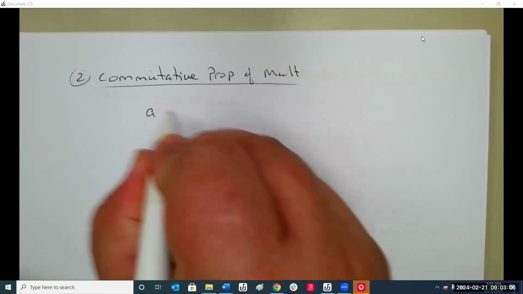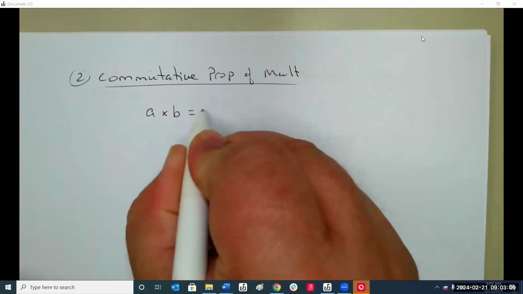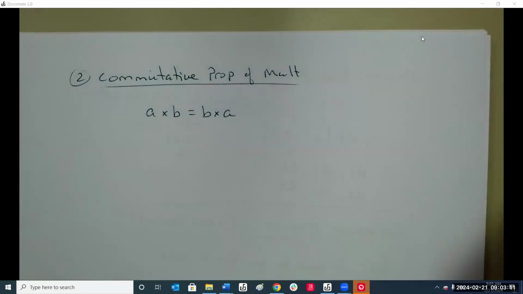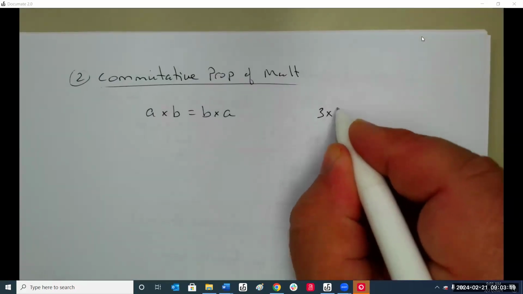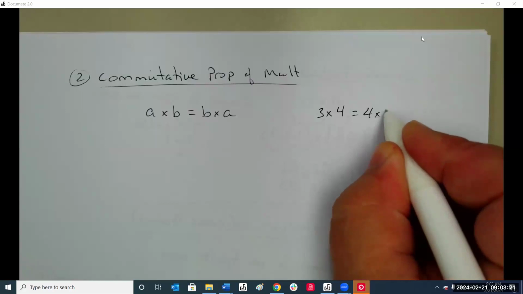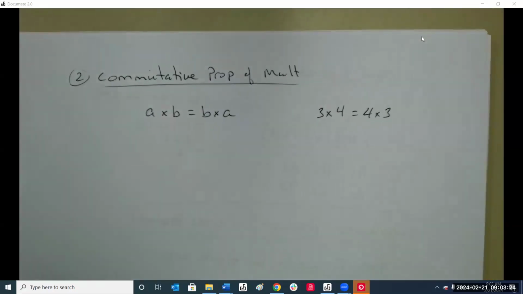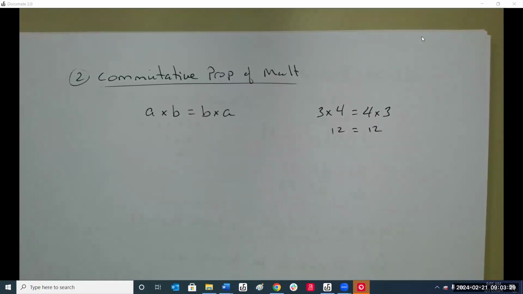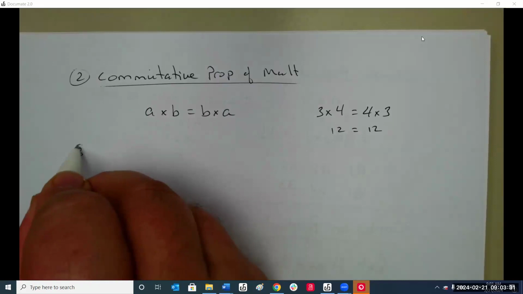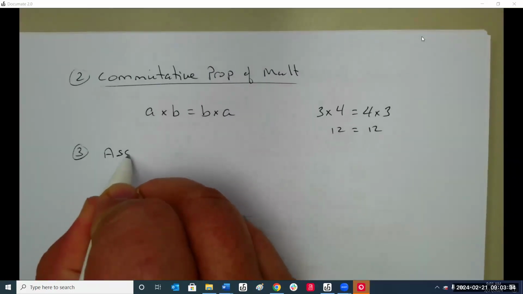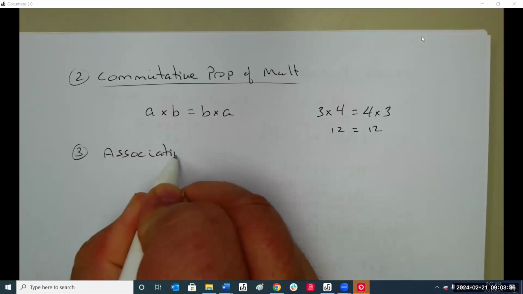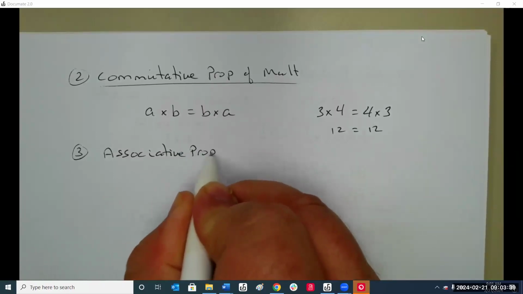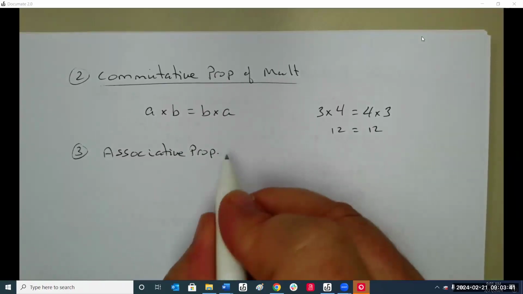In other words, if I have A times B, is B times A the same thing? Yeah. 3 times 4 is the same thing as 4 times 3. We saw that with the number square. They both equal 12. Is the associative property satisfied under multiplication?